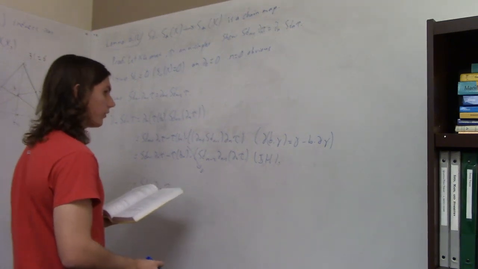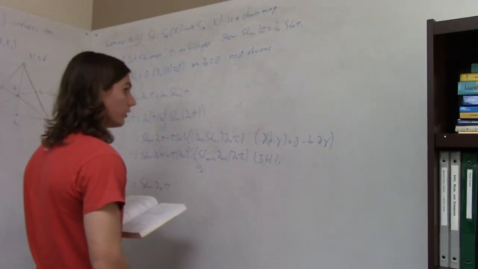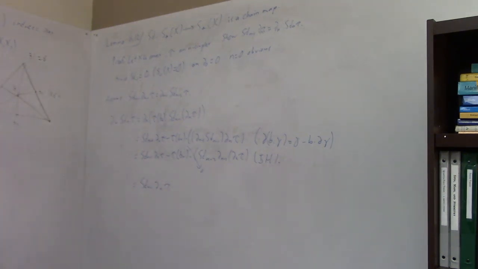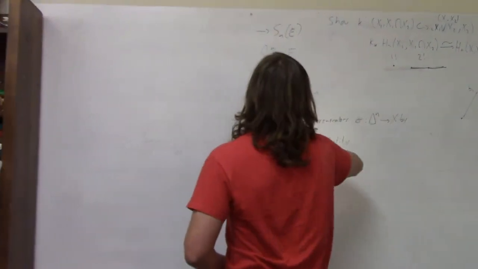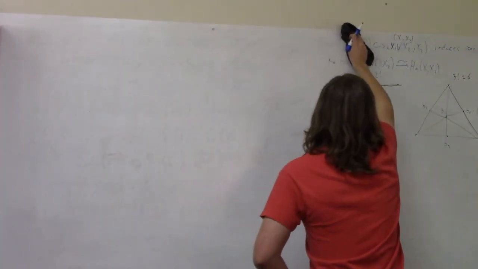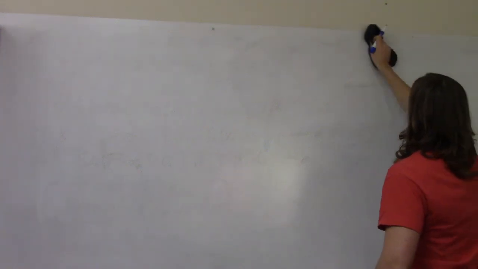That's for the convex case. Let's see. So now you consider a singular, just a general n simplex, as he calls them, sigma from delta n into x. You're going to look at the boundary of the subdivision of sigma.